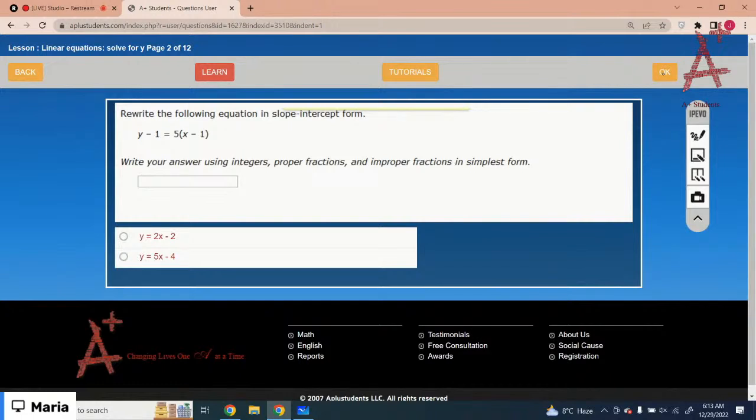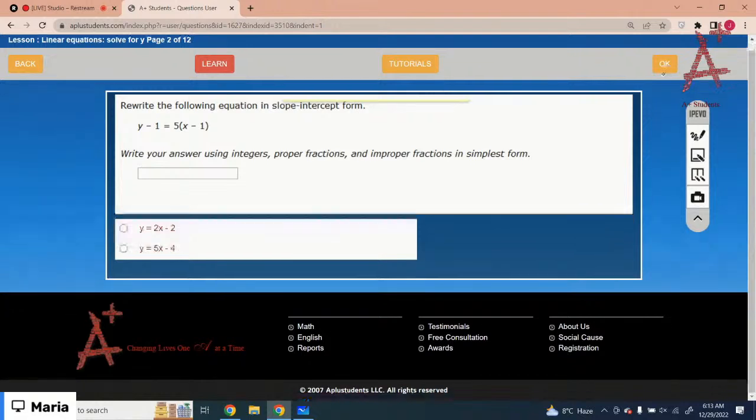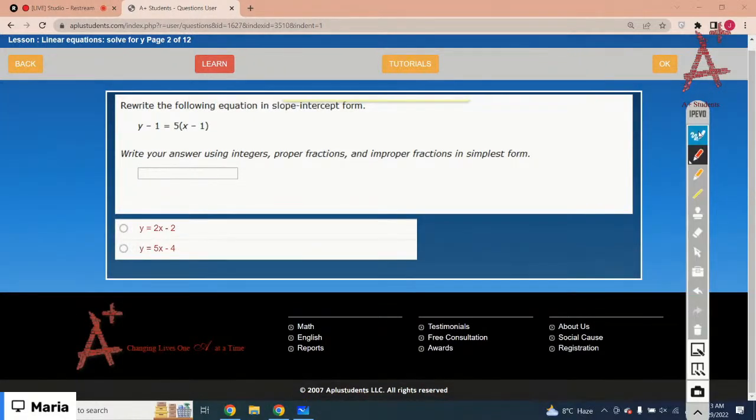So you have to rewrite the following equation in slope intercept form. So the slope intercept form of the equation is y equals mx plus b. So here you have negative 1. So you have to basically move the negative 1 to the other side.